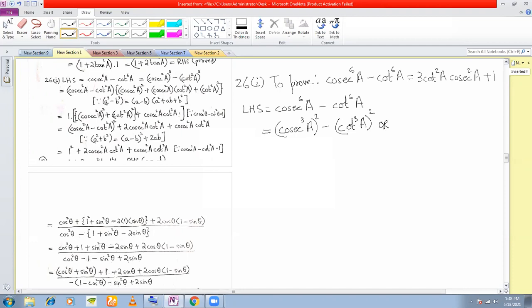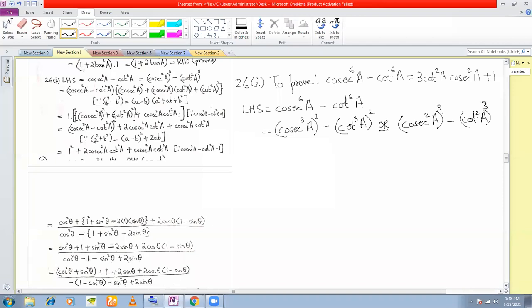Or you can break the power this way: cosec square A whole cube minus cot square A whole cube.